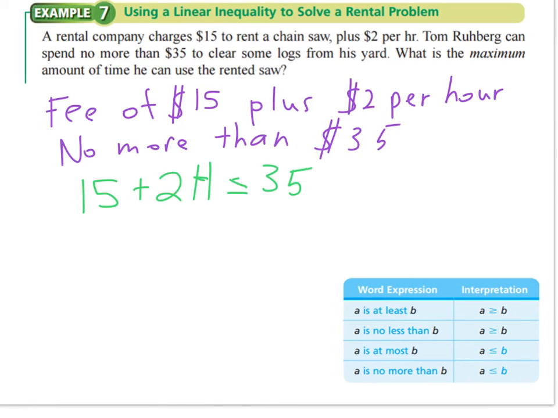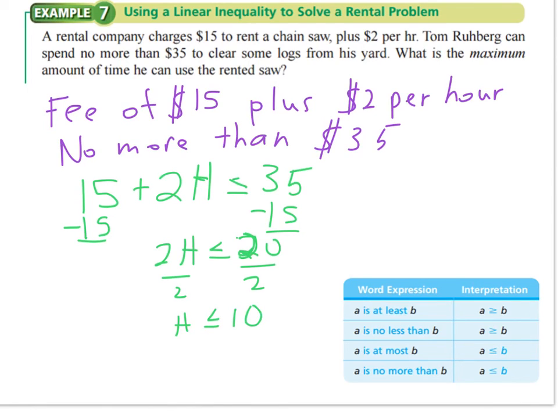And now it's just a matter of solving this, so we would subtract the 15 from both sides. We get 2H is less than or equal to 20. And dividing by the 2, we get H is less than or equal to 10.